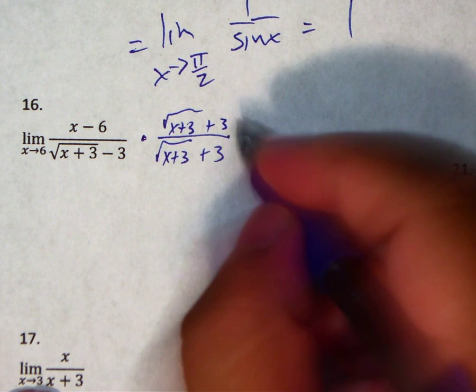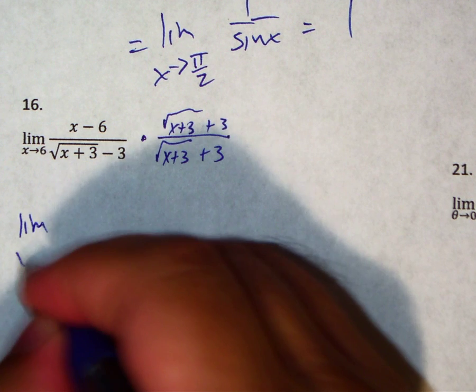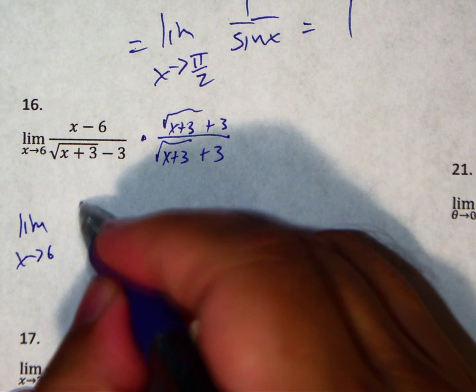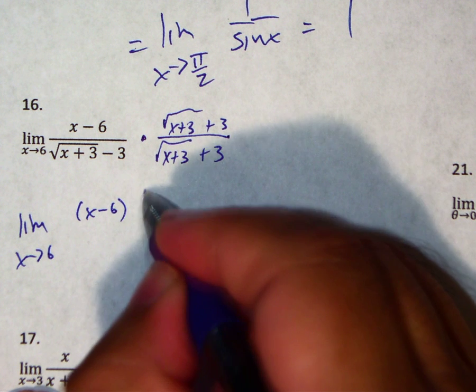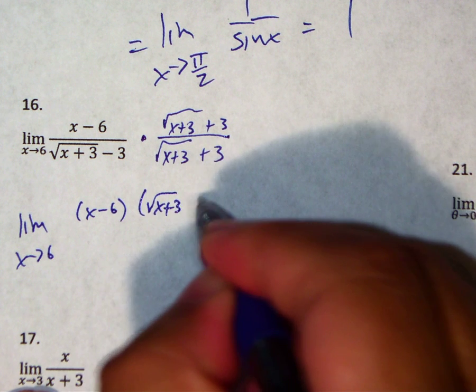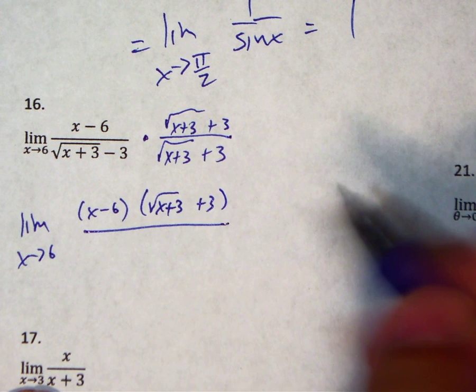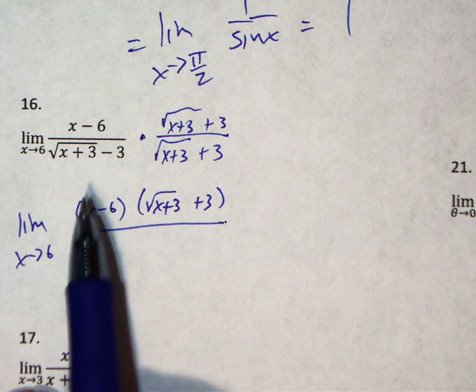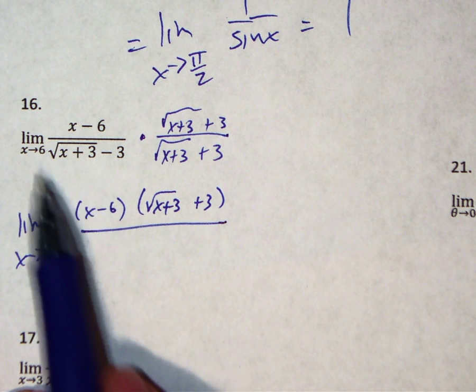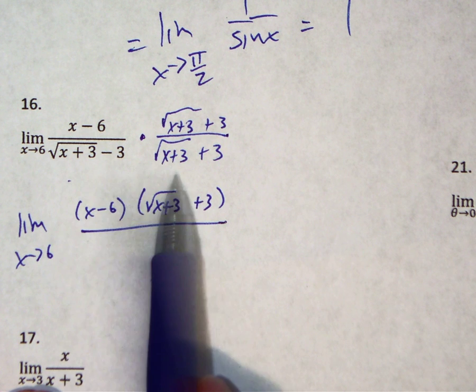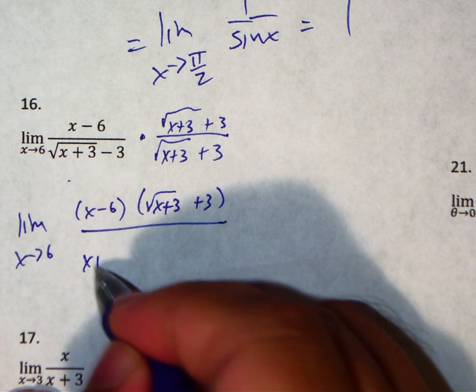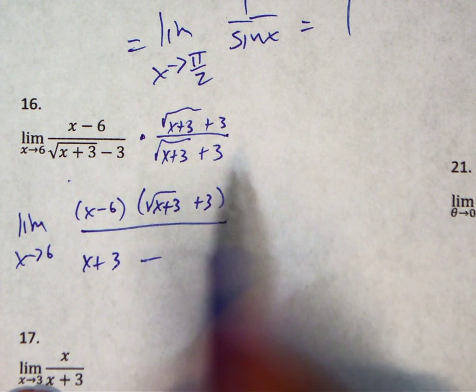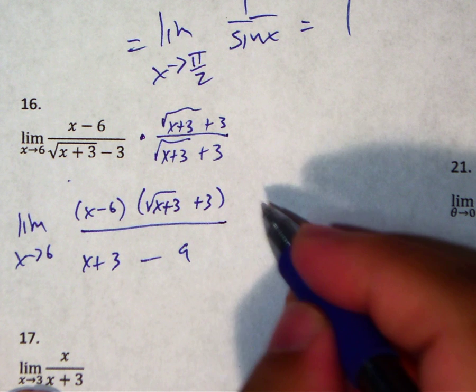Okay, what happens there? I'm not going to multiply out the top. I am going to multiply at the bottom. Think of this as difference of two squares. Square root of x plus 3 is one term. When I multiply that, I get x plus 3 minus 3 times 3 is 9.